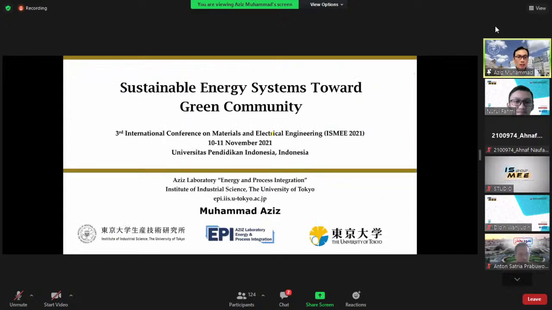Because my background is basically mechanical engineering, and what we are doing currently is related to energy systems, we are also doing multidisciplinary research. In our laboratory at the University of Tokyo, we focus on 3 multidisciplinary fields: mechanical engineering, chemical engineering, and electrical engineering.